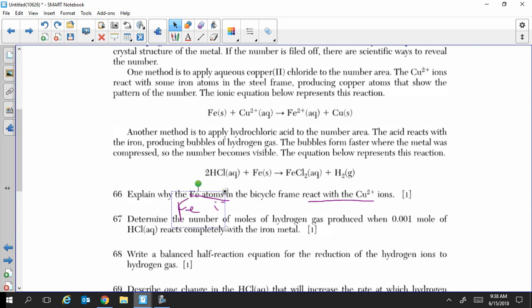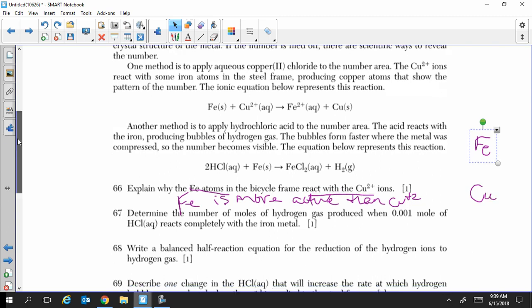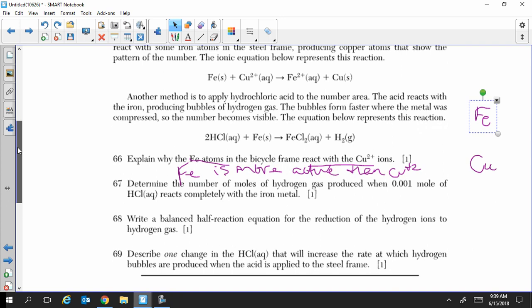So you'd write Fe is more active than Cu plus 2. You can also look it up on table J, and on table J, Fe is much higher than Cu, which means it's more likely to oxidize. Sorry, my writing is terrible on this little screen, but you get the idea.